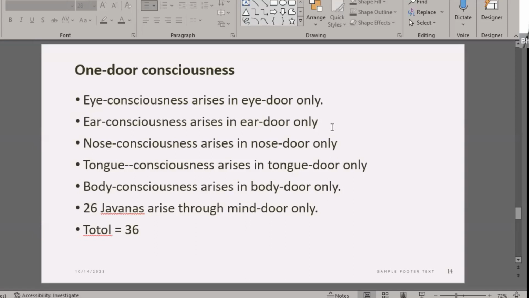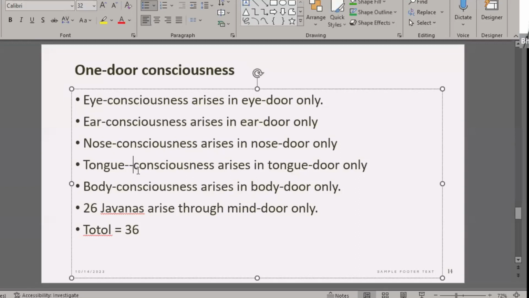How many? 2. Nose consciousness arises only in the nose door. How many? 2. Tongue consciousness arises only in the tongue door. Body consciousness arises only in the body door. Altogether 10. In other words, we call them the Pancha Vijnana: 2 eye consciousness, 2 ear, 2 nose, 2 tongue, 2 body consciousness.